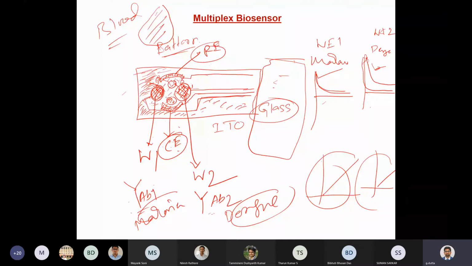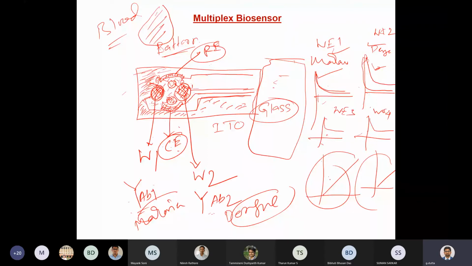And here maybe you can detect influenza virus specific antibody, immobilized on working 4. So what will happen then? You will get four curves: working electrode 1, 2, 3, and 4. Here also you will get chronoamperometry, so at the same time you will see four chronoamperograms.